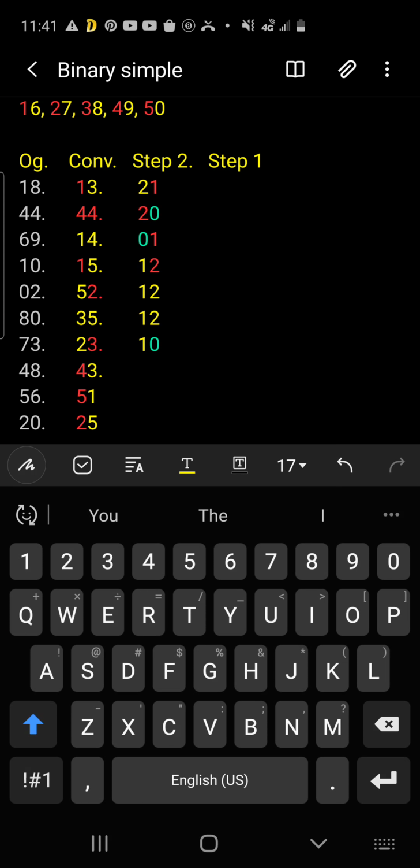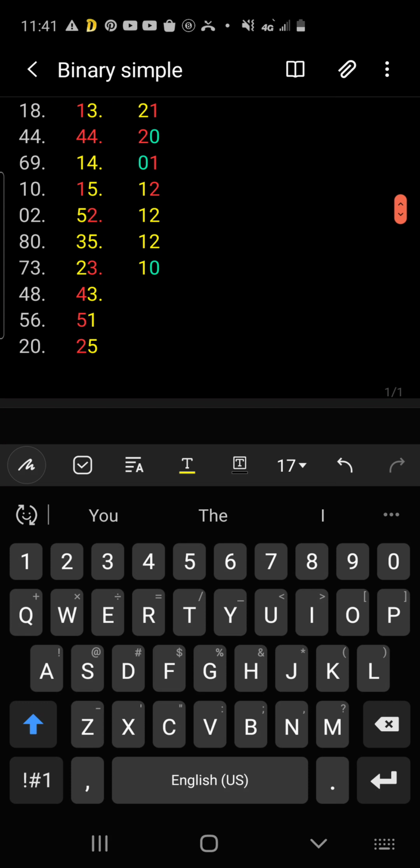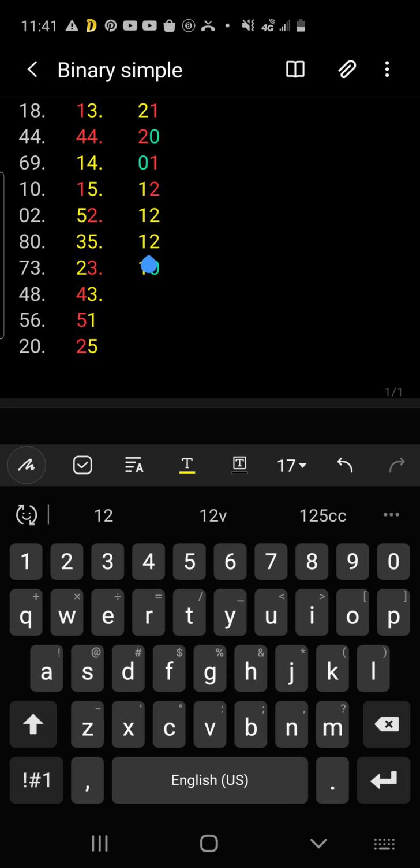Then you got 1 to the 5 minus 1. 5 to the 2 plus 2. Then you have 5 to the 3. 1 to the 5 minus 1. 5 to the 2 plus 2. 5 to the 3. That's where it's messed up at. I knew it wasn't right.